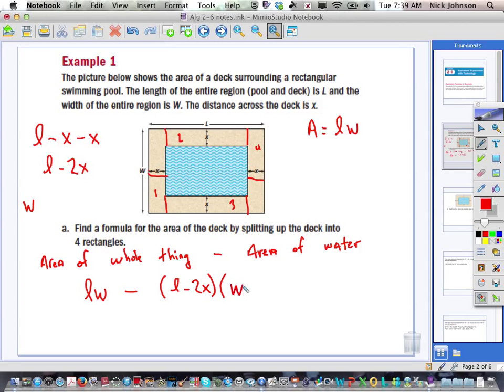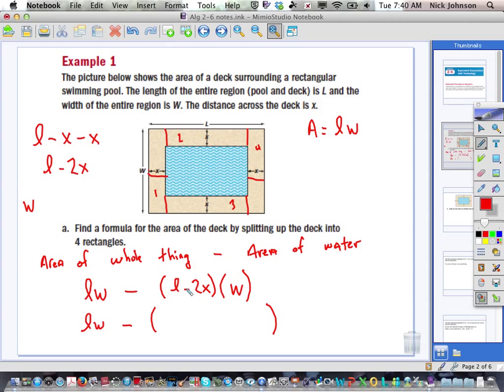So if I wanted to simplify this out, I need to distribute this. So I get LW, and then I've got to subtract everything that I do in here.